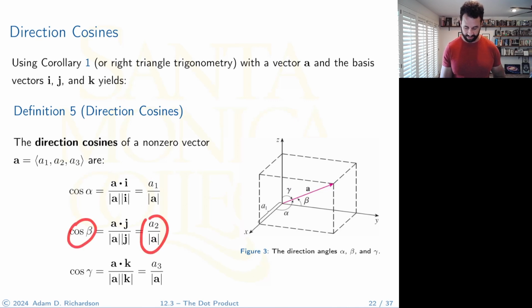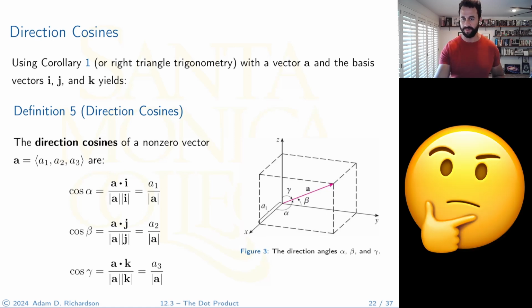Cosine of beta is this. Cosine of gamma is this. And that's it. This is another one of those moments where I want you to look at this figure and these formulas and see if you can use right triangle trigonometry to see where these formulas are coming from. So just ponder it for a minute.